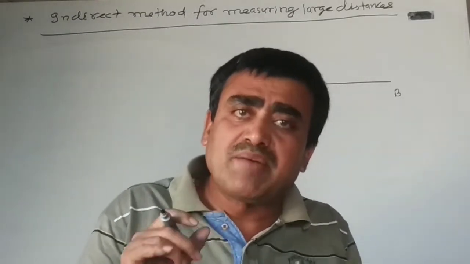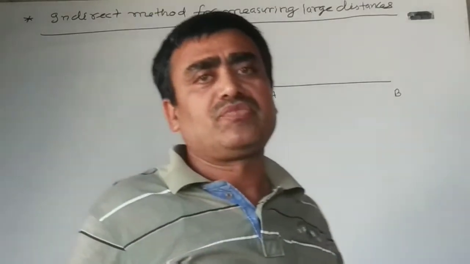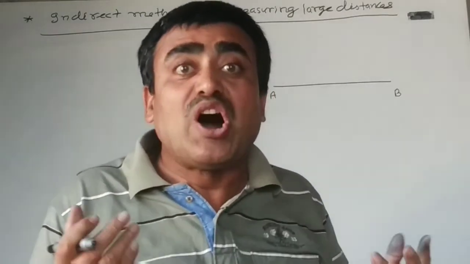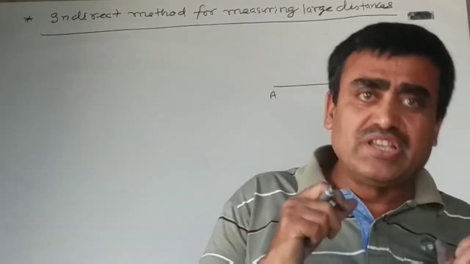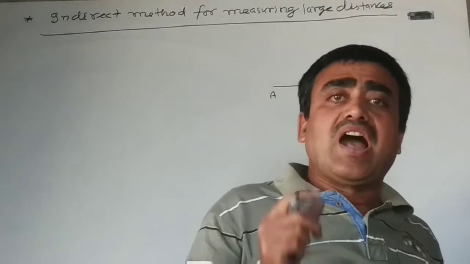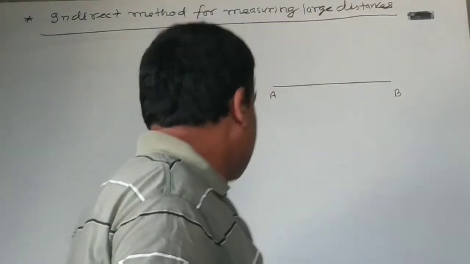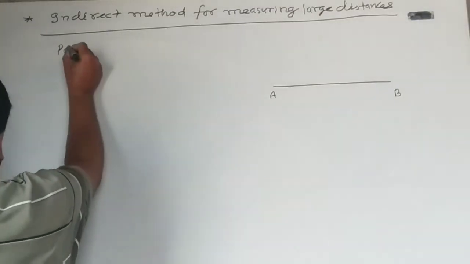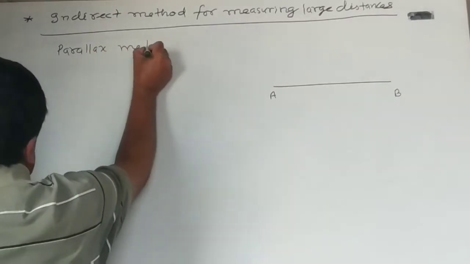But we have to measure the distance between the moon and the earth. Then how is it possible? For this we apply an indirect method called parallax method.